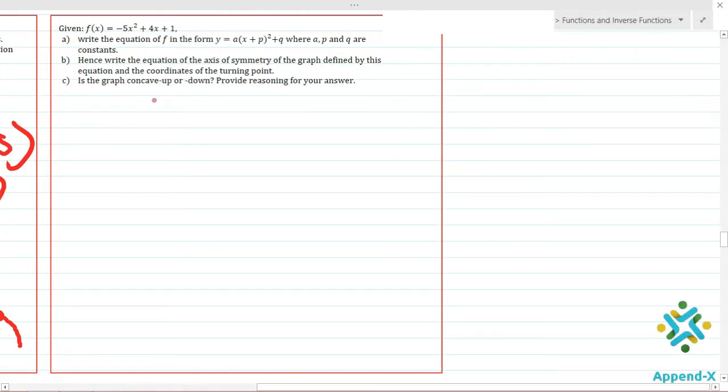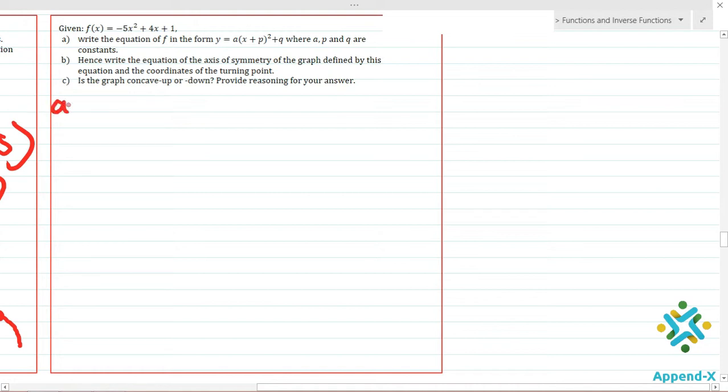We are now on the last question under the exercise, and it says, given f of x is equal to negative 5x squared plus 4x plus 1, part A, write the equation of f in the form y is equal to a open bracket x plus p close bracket squared plus q, where a, p, and q are constants, okay?